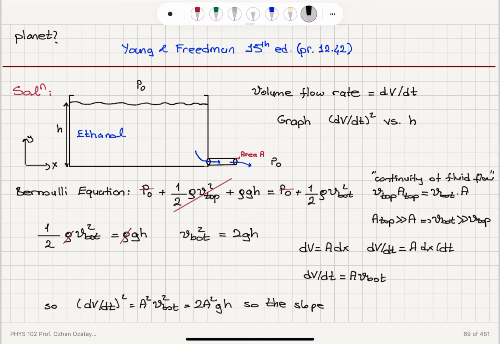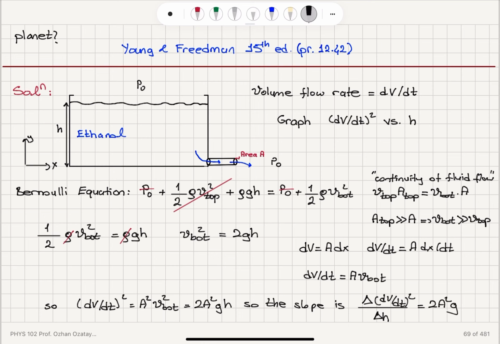So what is the slope? The slope is the change in the square of the volume flow rate per unit change in the depth, delta h. You can see here the change in this divided by delta h is 2A squared g.